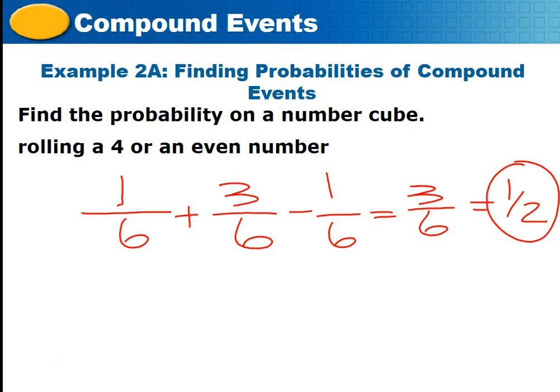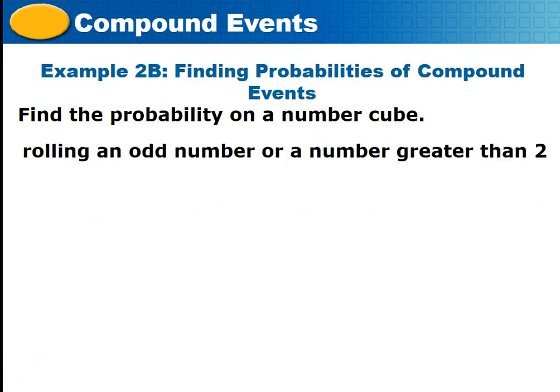So again, what you need to remember is we always want to subtract the thing that is in both groups. Our next example says find the probability on a number cube of rolling an odd number. Again, we have 3 odd numbers, 1, 3, and 5, so we got 3/6. Or a number greater than 2. So our numbers greater than 2 are 3, 4, 5, and 6, so there's 4 of those. Now what we want to think about is what odd numbers are greater than 2?